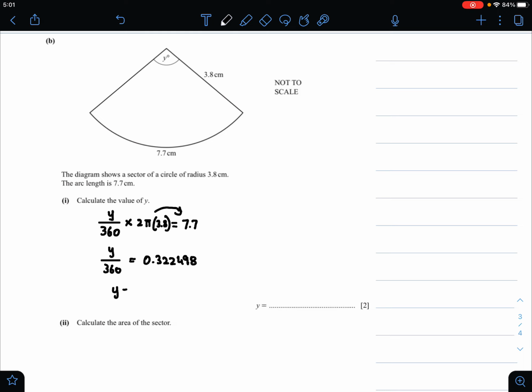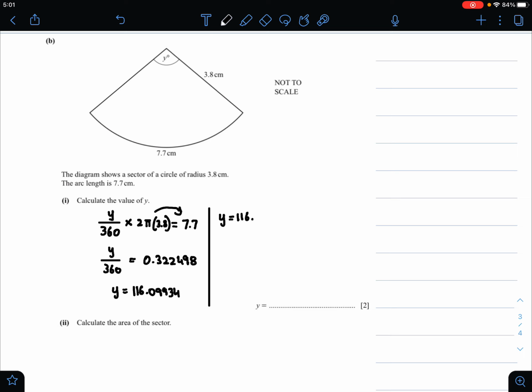Therefore y would be equal to 360 multiplied by 0.322498. So therefore your final answer for B part 1 would be 116.09934.